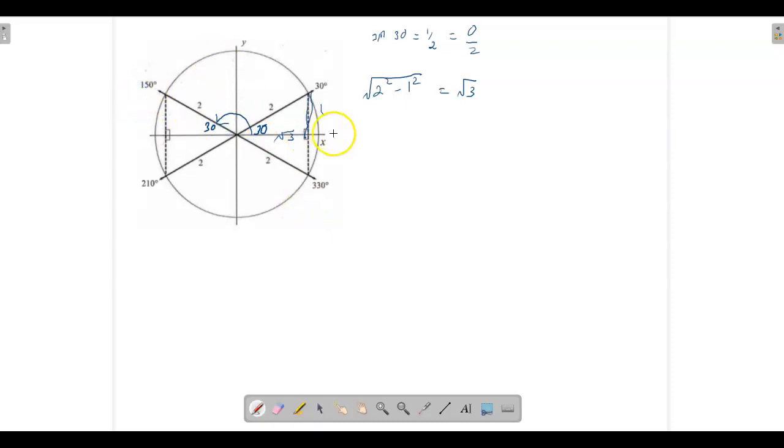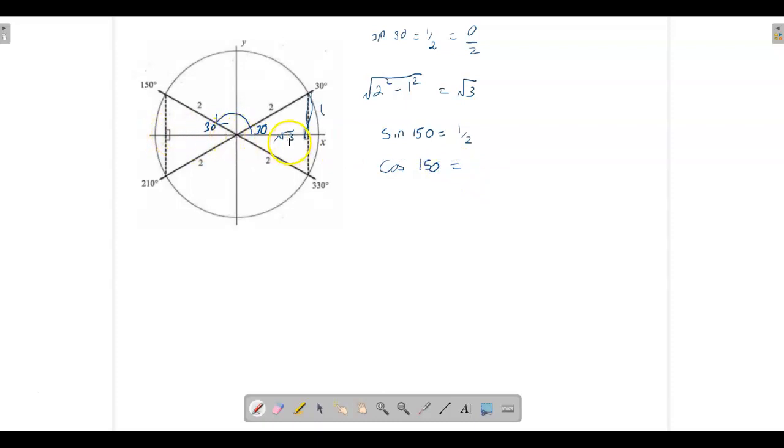Here it is. And I can tell now that sine 150 is going to give me opposite, which is 1 divided by 2, 1 over 2. Well, that's great. That's the same as sine 30. So these two angles, they're the same. What about cosine 150? Now this time, I need to think about my line here, my adjacent.